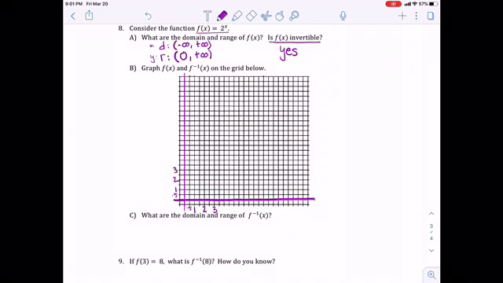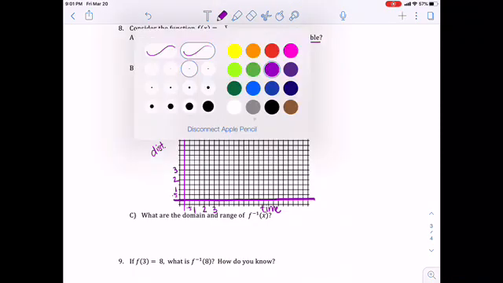Okay, and remember that this x-axis represented our time, and the y-axis represented our distance.